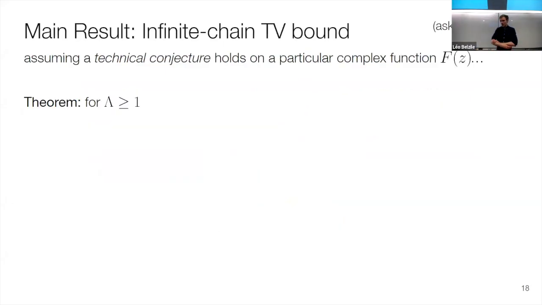Okay, and here is the main result of the work. Assuming a technical conjecture on a particular complex function of interest holds, the conjecture says something about the pattern of poles and zeros. The function f is well known. It's simple to write down, but it's not trivial to analyze.